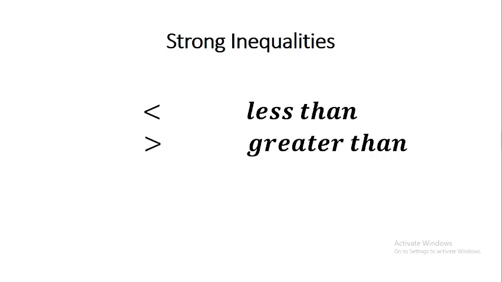They don't have two-way. They only have one-way thing. That is, this is less than and this is greater than. If I say 5 is greater than 4, so I can say that 4 is less than 5. So these are strong inequalities. Less than and greater than, they are strong inequalities.